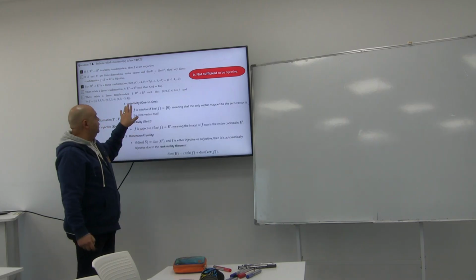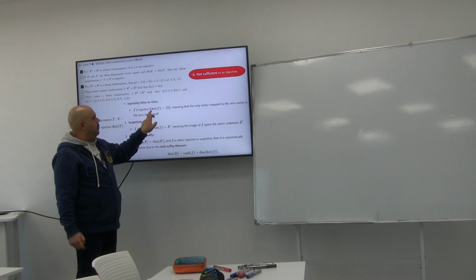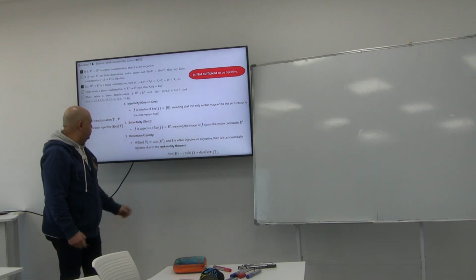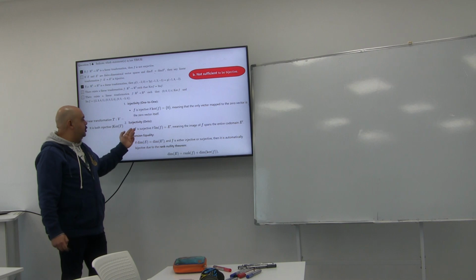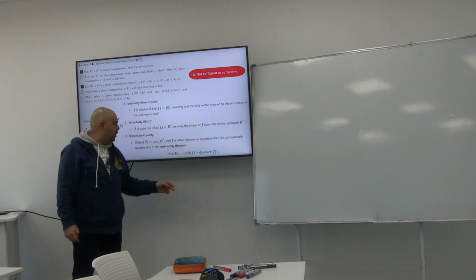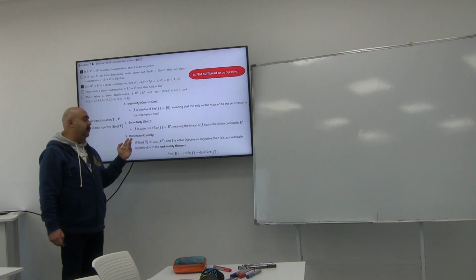So injectiveness, which is one-to-one, means the kernel of F should equal {0}, meaning the only vector mapped is the zero vector. Surjectivity means the image of F spans the entire codomain.